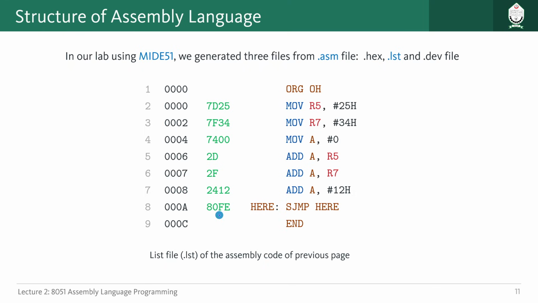And what you are going to see is that for the machine code of 8051, each instruction can be either 1 byte, 2 bytes, or 3 bytes, right? But the first byte is always reserved for the instruction itself. So all the first bytes you can see here denote a particular type of instruction, right?